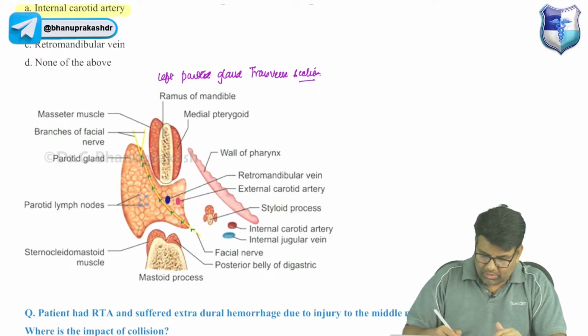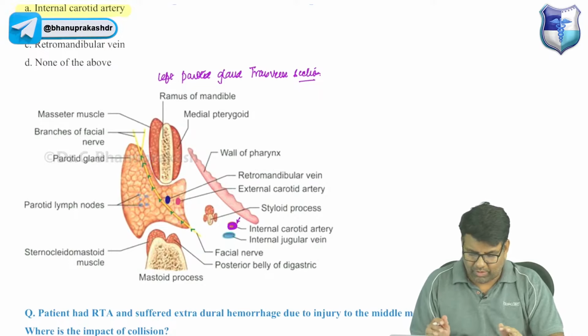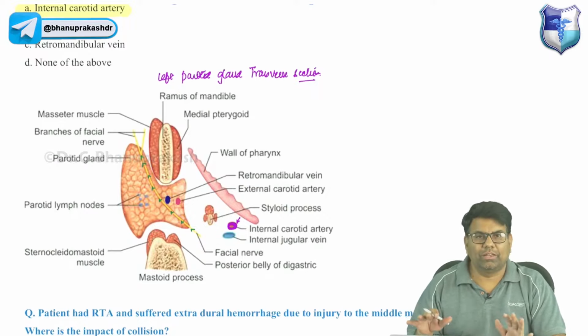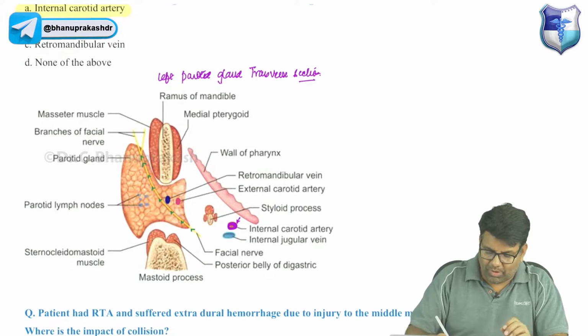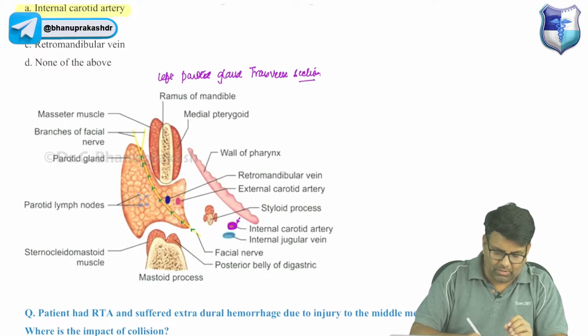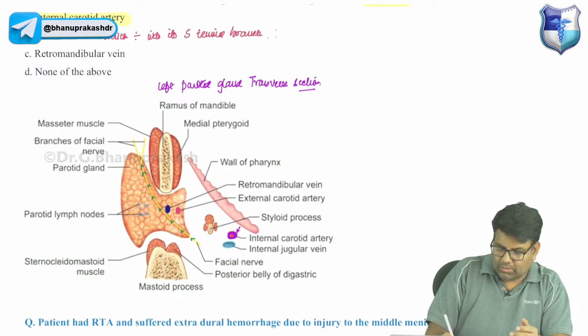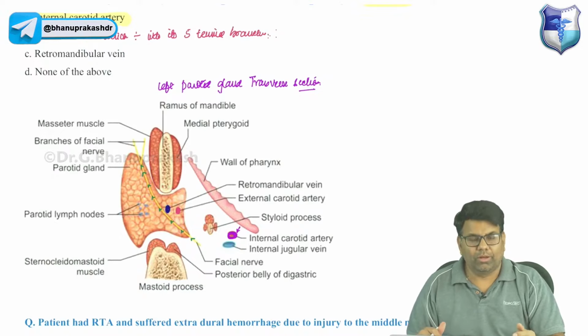And of course, if you look a little medially, you can see the internal carotid artery here, which is nowhere related to the parotid. The answer has to be internal carotid artery. But please do remember 2 structures. One is obviously the facial nerve, which divides into 5 terminal branches, and the retromandibular vein.